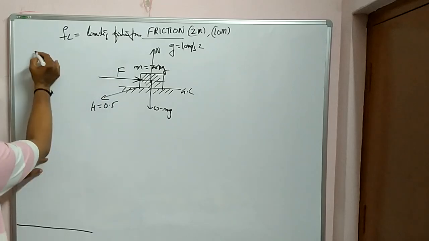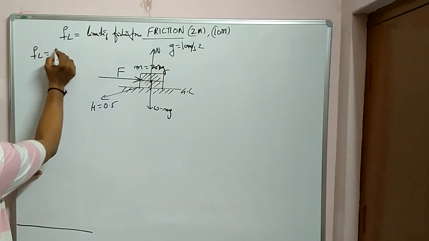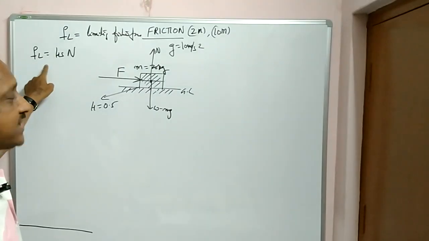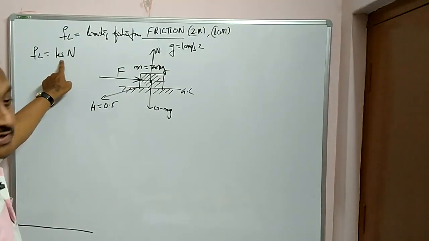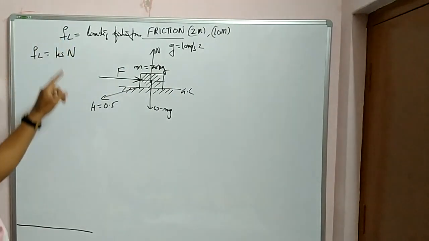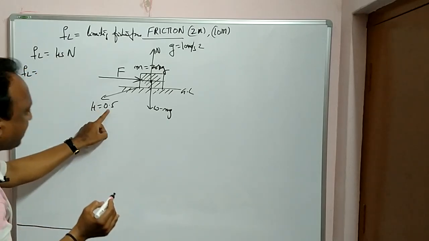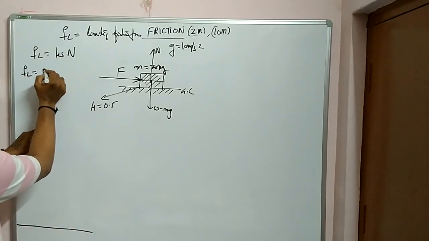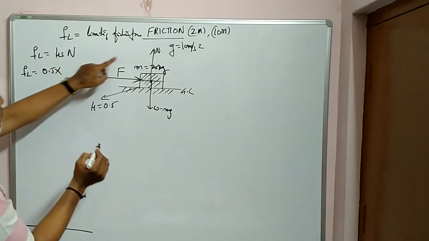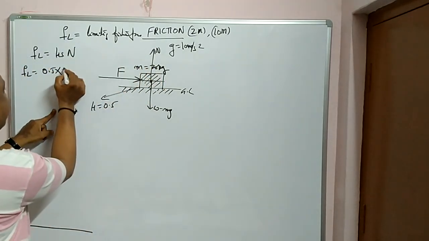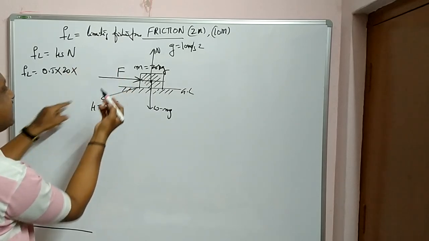I told you the formula for F limiting, mu s into N. What is limiting friction force? It is nothing but coefficient of static friction into normal force. So F limiting is equal to coefficient of friction given, 0.5, into normal force. What is normal force? Weight of the body, that is mg. What is mg? 20 into g. What is the g value? 10.